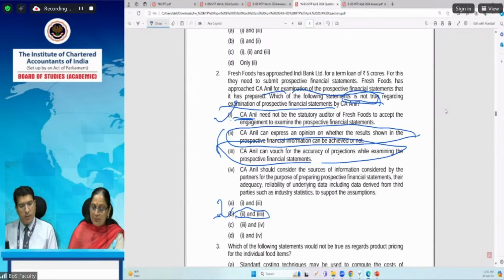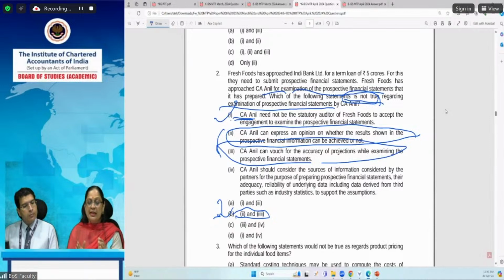In statement 4, it is given that CA Anil should consider the source of information considered by the partners for the purpose of preparing prospective financial statement, their adequacy, reliability of underlying data, including data derived from third party, such as industry statistics, to support the assumption.